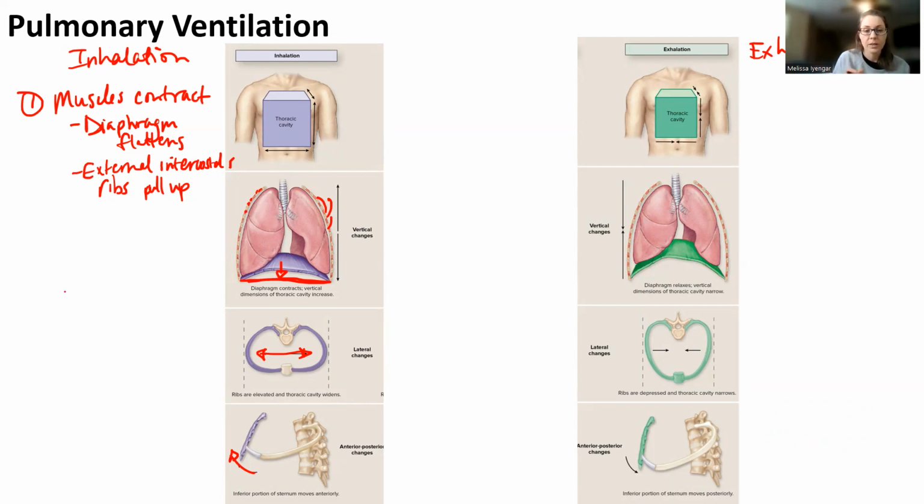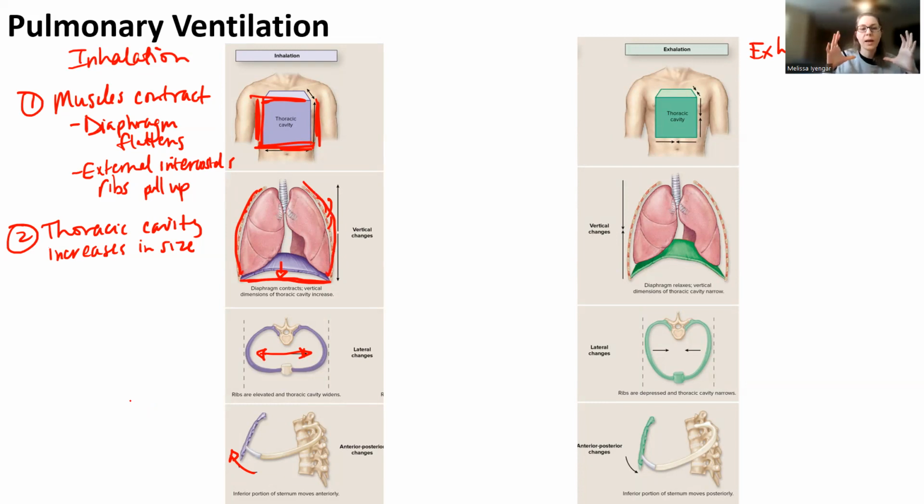All this stuff is meant to do one important thing, which is to change the thoracic cavity size. So essentially what that means is the thoracic cavity is going to get larger in size, right? This expands outwards, just like that.